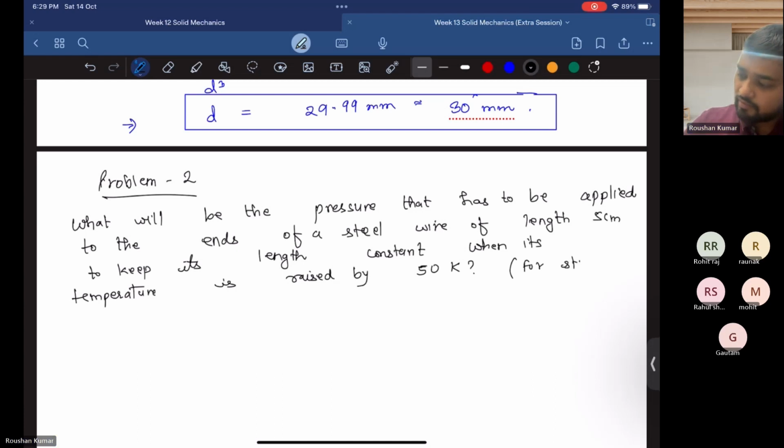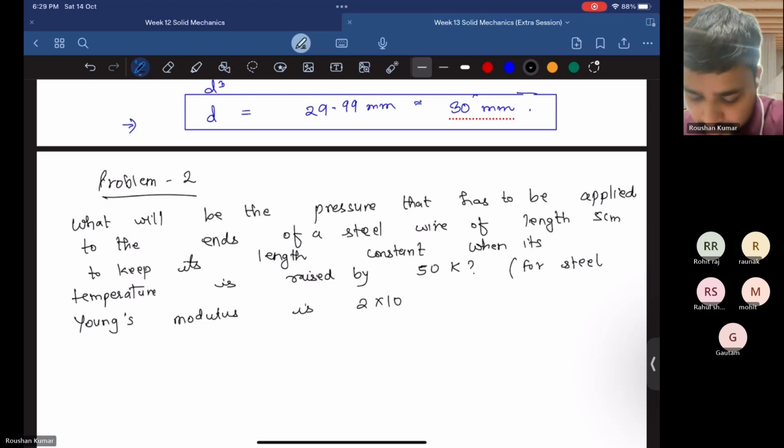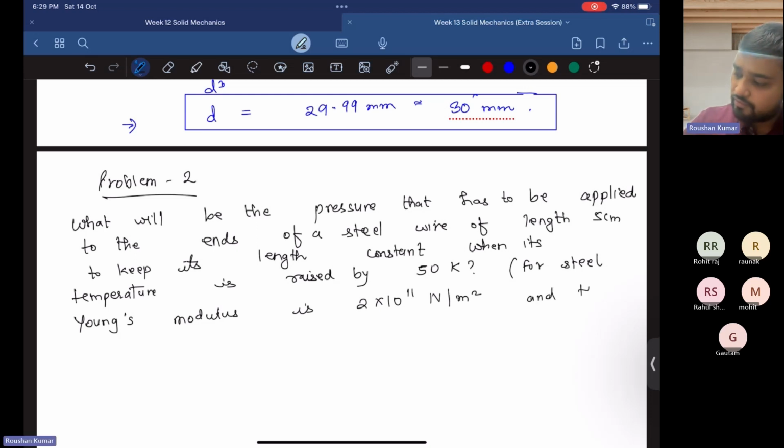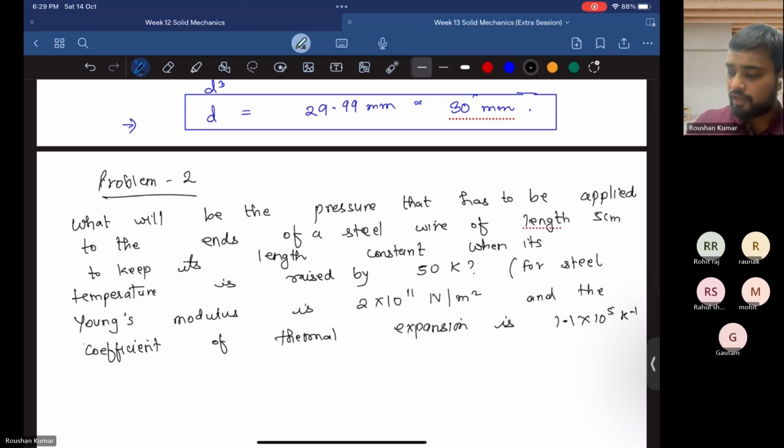For steel, Young's modulus is 2 into 10 to the power 11 Newton per meter square, and the coefficient of thermal expansion is 1.1 into 10 to the power minus 5 per Kelvin.